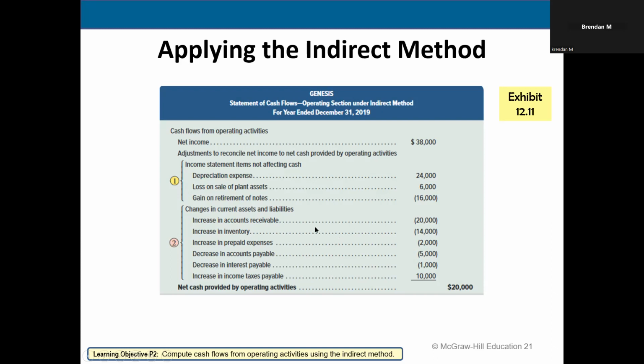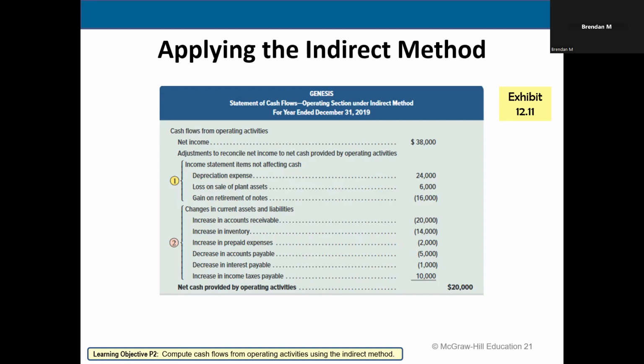They are saying that there was an increase in accounts receivable, an increase in inventory, and an increase in prepaid expenses. If there is an increase in a current asset, that is a negative cash flow activity. Let me repeat that.